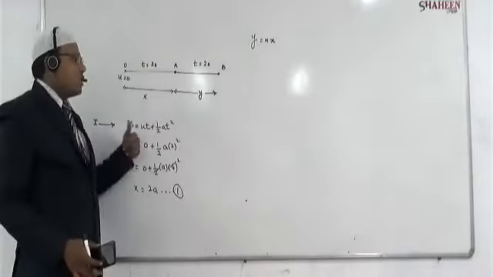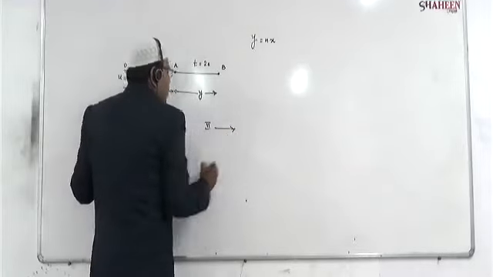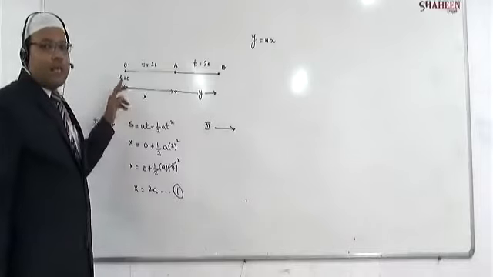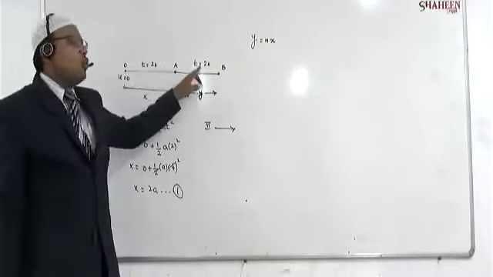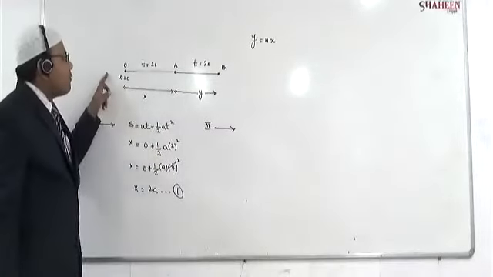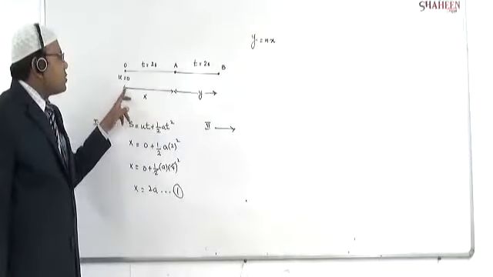Now let us go for the second condition. In the second step, I start from the starting only. That is, the total time is 2 plus 2 seconds, that is, total time is 4 seconds. And when we consider from here to here for 4 seconds, the total distance is x plus y.